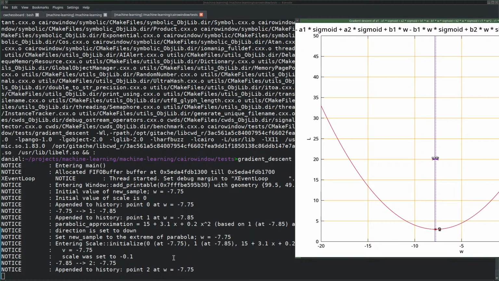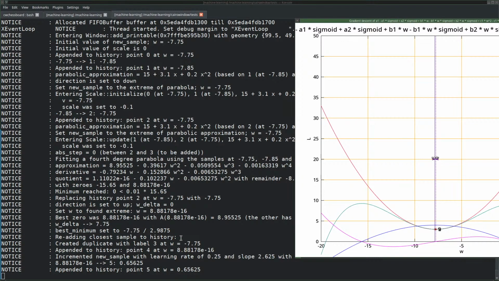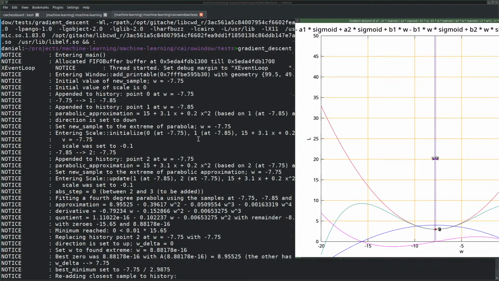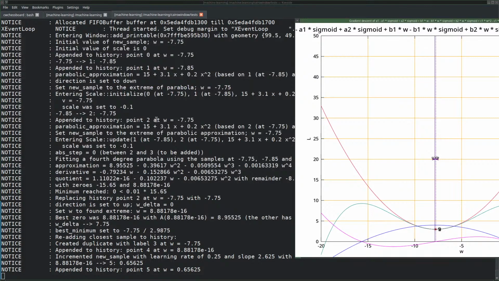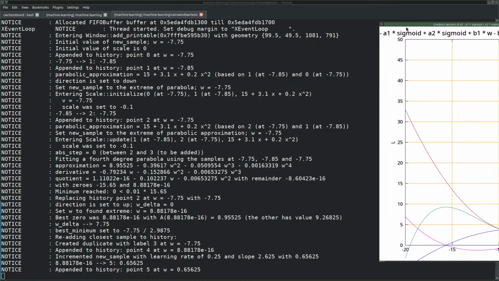Which means that it's going to say found minimum. What a bunch of talking here. Really?